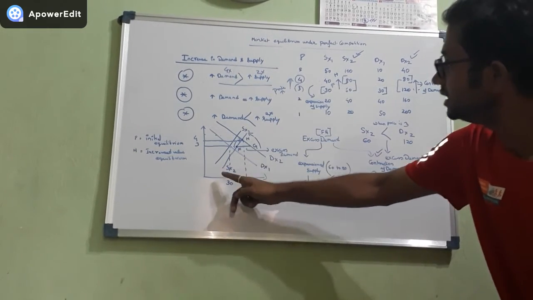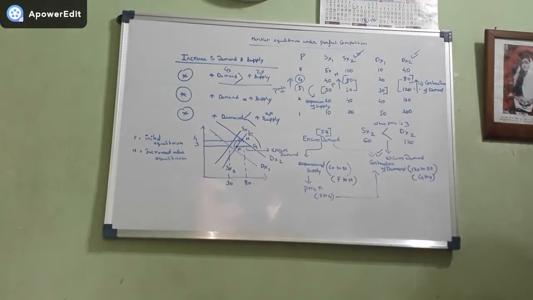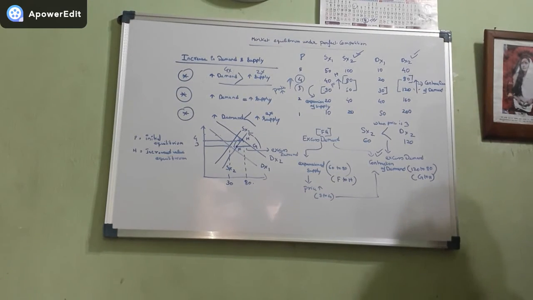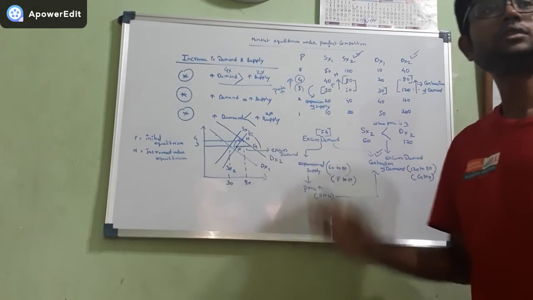F to H is on Sx2. G to H is on Dx2. Contraction, expansion. And we have talked about the excess demand being F to G.